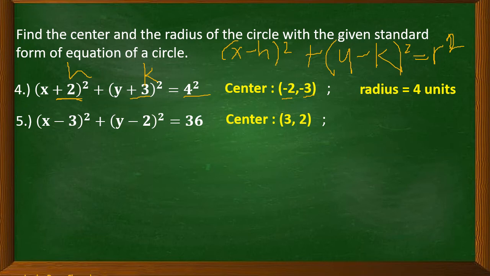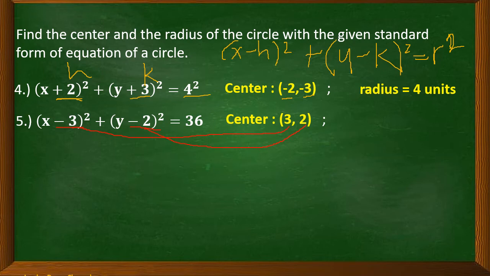How did you get 3 and 2? Okay, negative 3, you get the opposite sign, so the opposite sign is positive 3. And for the value of k, we have here negative 2. Get the opposite sign, so we have positive 2. So that is now the coordinates of the center of the circle.